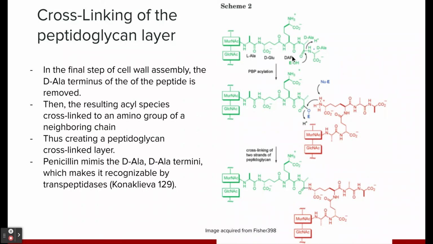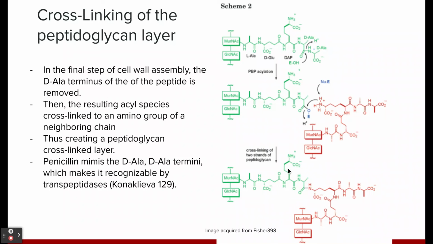This cross-linking functions through an acylation-deacylation process. In the final assembly of this cell wall, the D-ala terminus of the peptide is removed. If we look at this position, what we are getting is the attachment of the neighboring amino group, resulting in an acyl species that is cross-linked to this neighboring chain.